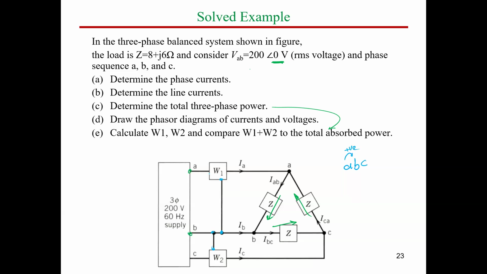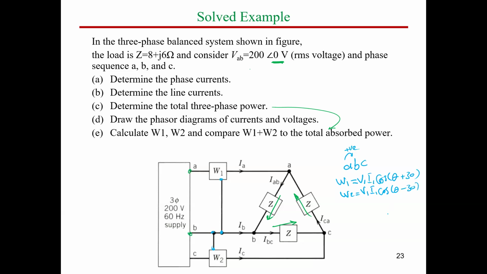This means the voltage coil of wattmeter 1 is connected to AB, so wattmeter 1 is positive. So I can say the reading of wattmeter 1 equals V line, I line, cosine theta plus 30. And by default, W2 would be the negative: V line, I line, cosine theta minus 30.